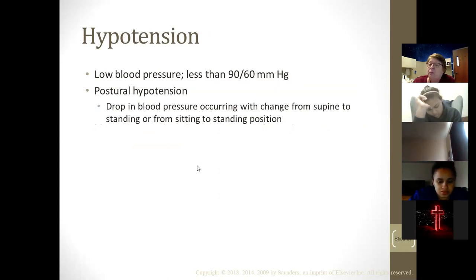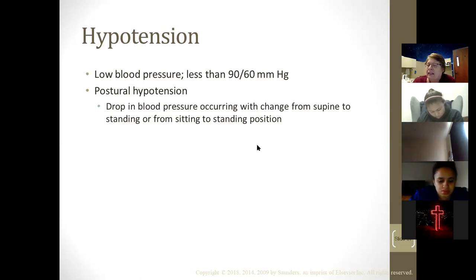Low blood pressure is 90 over 60. Anything 90 over 60 or lower is a problem. They don't have enough blood moving. Okay? And then postural hypotension is when you go from laying down to sitting or standing, and your blood pressure is going to drop 10 millimeters of mercury.